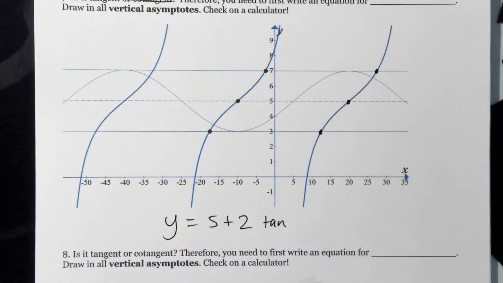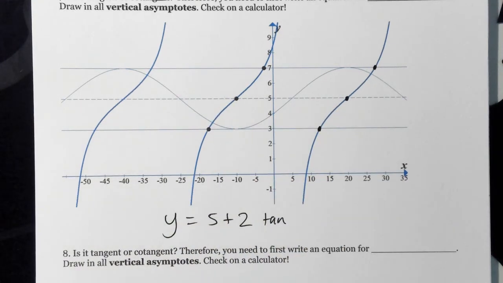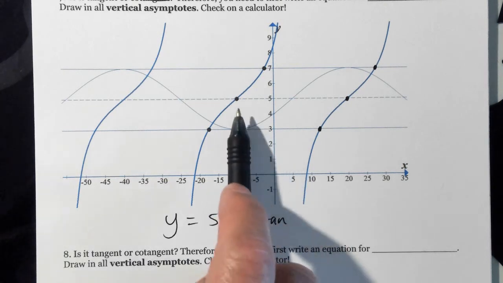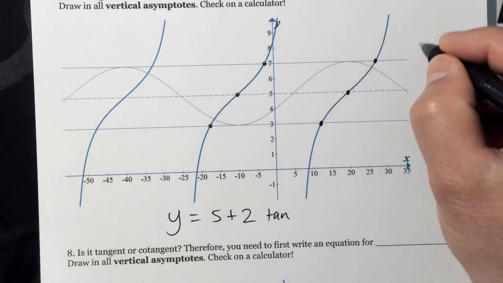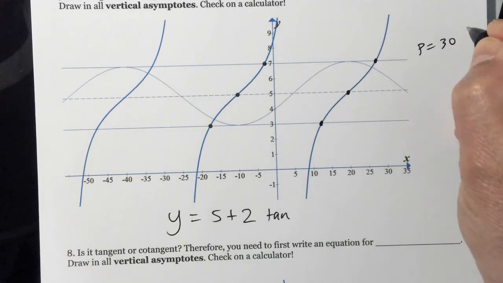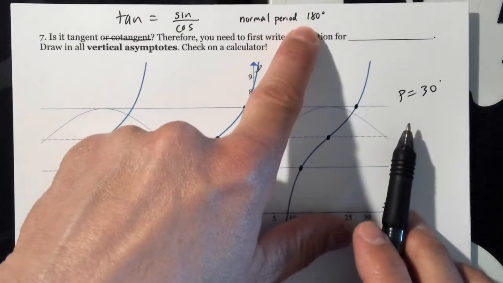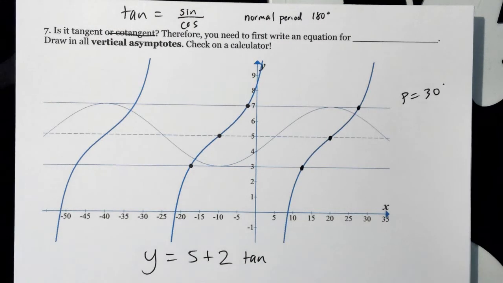So the period for this function, from here to here is one cycle, one period, that's 30 degrees. So from -10 to +20, 30 degrees. Period is 30 degrees. Because normal period is 180, obviously there's some sort of horizontal dilation taking place.